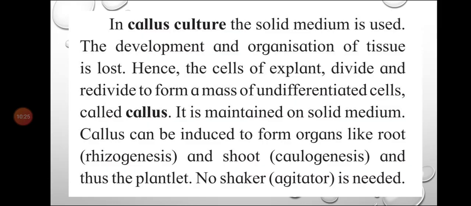That callus can be induced to form organs like root, and when the roots are formed, that process is known as rhizogenesis, and when the shoots are formed, that process is known as caulogenesis, and this whole process together is called organogenesis. After rhizogenesis and caulogenesis, that means formation of root and shoot, there is the development of plantlet.